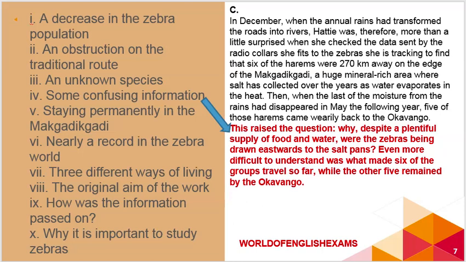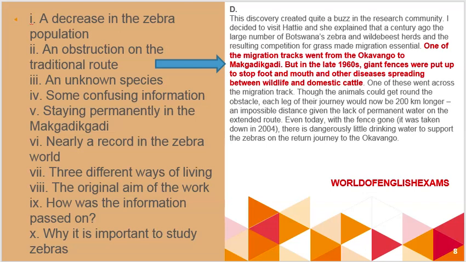Then let's proceed to answering the next passage. Okay, so this is passage D. This discovery, which means the discovery about why 6 of the harems were staying back and why 5 of them are coming back, created quite a buzz in the research community.